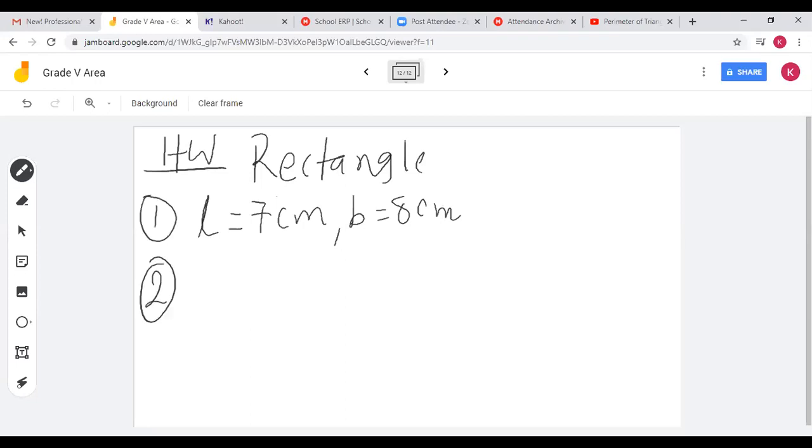Number 2, length is equal to 10 centimeter, breadth is equal to 12 centimeter.